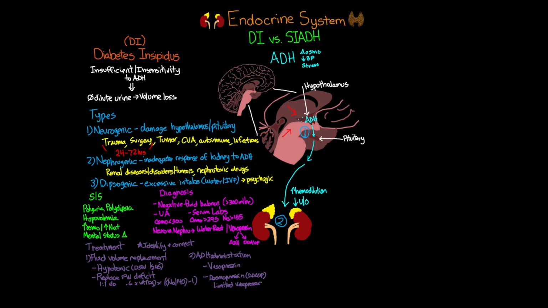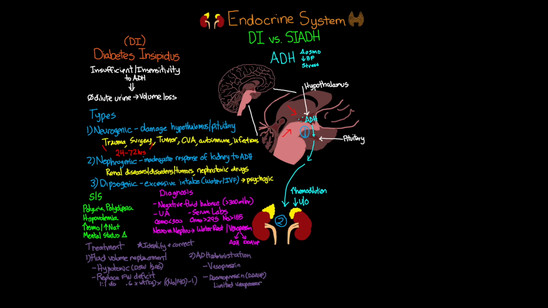And oftentimes we'll give this to our patients IV every 12 hours, although it can also be given through a nasal spray 3 times a day. And we want to do this until our therapeutic goals have been achieved. So we've got normal urine output, a normal urine specific gravity, normal serum sodium, as well as a normal serum osmolality.